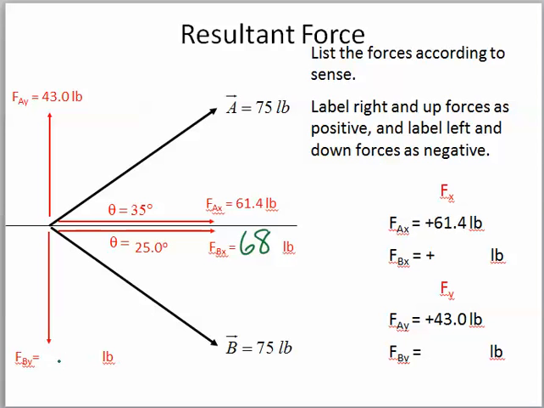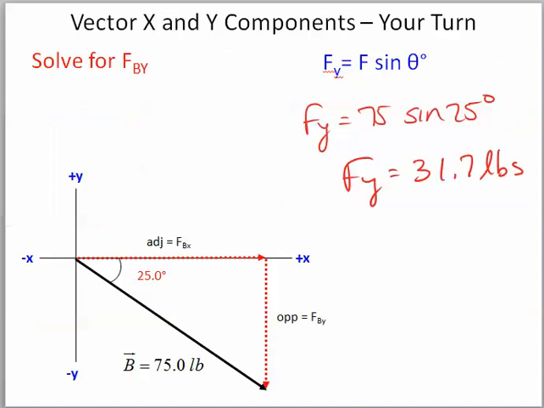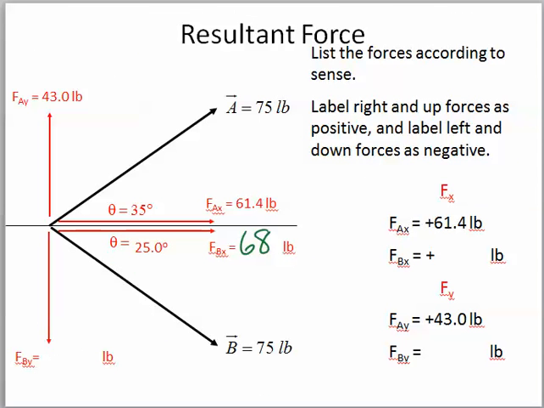Now we got to remember what y was. Well, we said the f of y was 31.7 pounds. So this was 31.7. We've already done this math. Now we're just saying, let's pretend that one student in this class was pulling up here at a 35-degree angle with 75 pounds, and someone else was pulling down here, down and to the right, with 75 pounds at this angle.